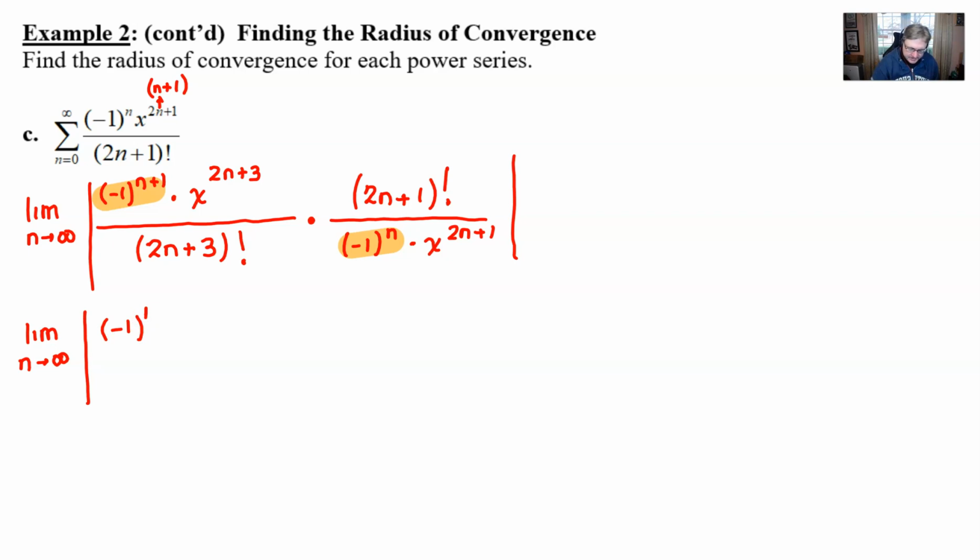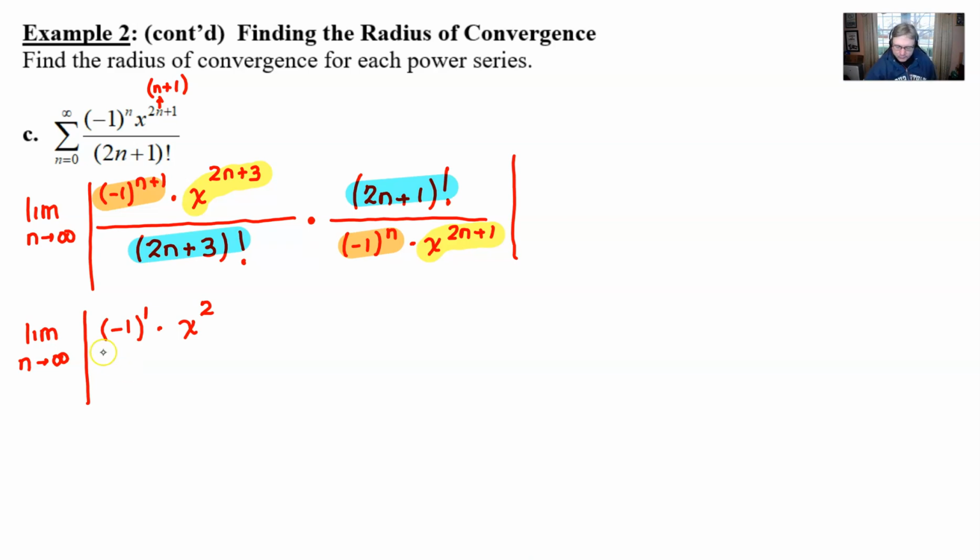Other simplifications that can take place, highlighting the x to the 2n plus 3 over the x to the 2n plus 1. If we subtract the exponents, they do have like bases of x, we would have x to the second power, x squared. And then finally, we notice that we can also reduce these expressions highlighted in blue.